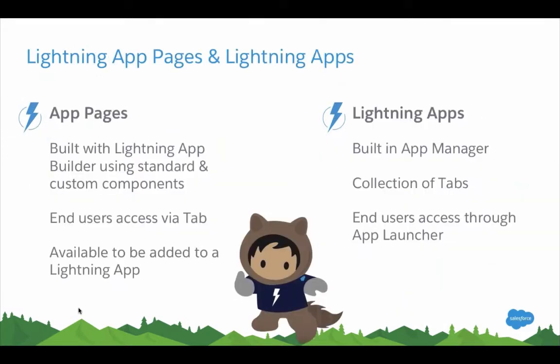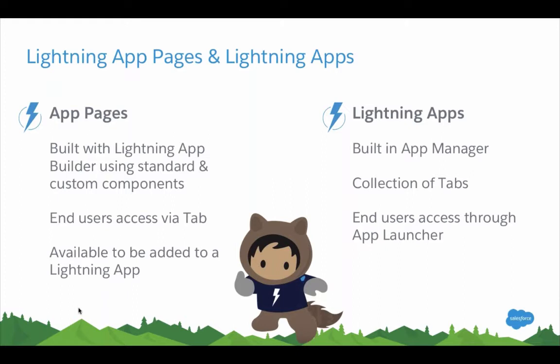And the Lightning app pages are so cool. I mean, the flexibility of what you can do with them and rolling out to your Salesforce One users is really powerful. There's a difference between Lightning app pages and Lightning apps, which we just want to highlight here. The right way to think about app pages is really as a page.